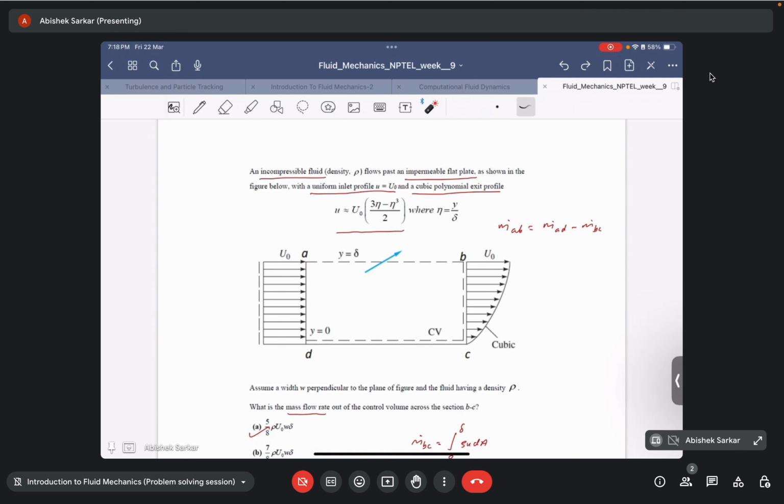To do that you need to apply the mass conservation as well as the momentum conservation in the respective manner to find the net drag force that acts on the body.